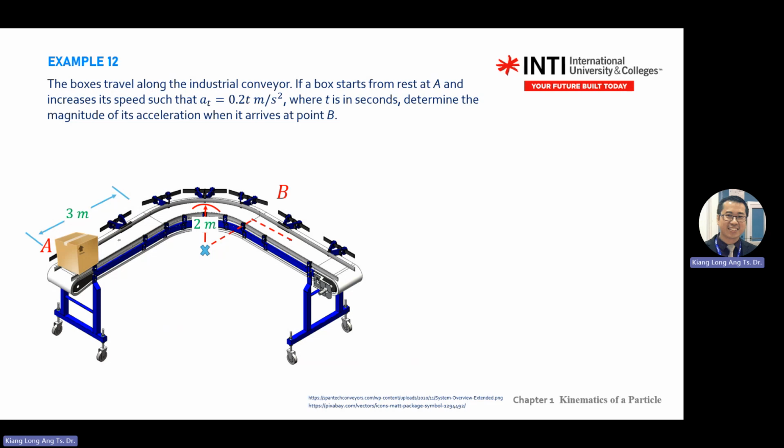Okay, so you have information of A, information of B, the radius of 2 meters, and there's a speed here. So what do you do? Again, start with the center of the curve. You see a curve, right? Go and find the curve, mark the center.